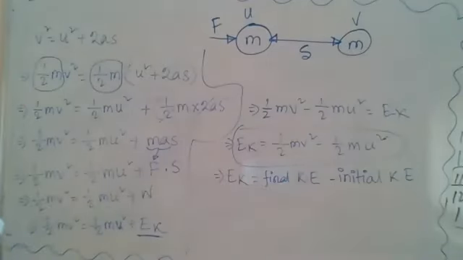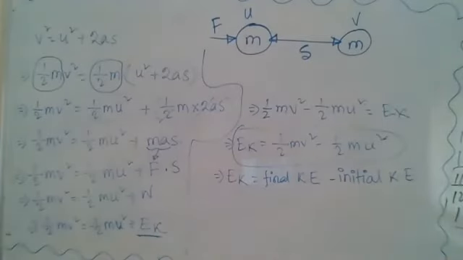Fatima, you want to say something else? No. Okay, GM, yes. Sir, I want to know, is the equation half mv square minus half mu square? Yes, half mv square minus half mu square. It is not clear why it is half.